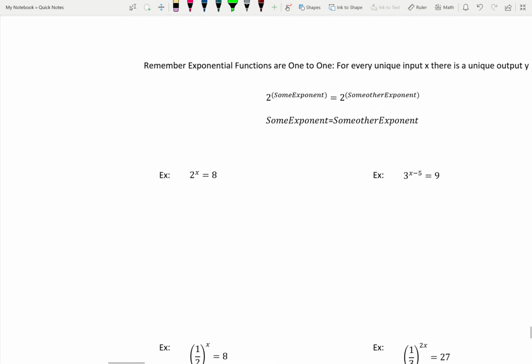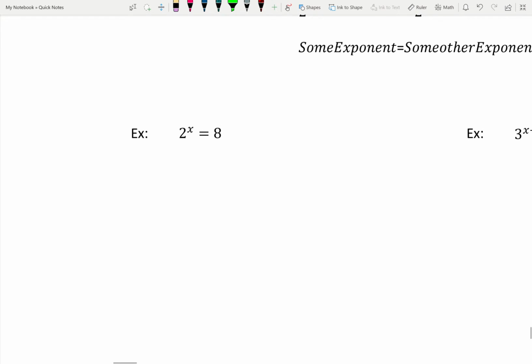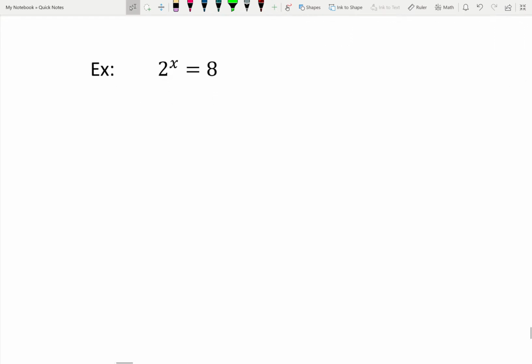So let's look at the first one, which is right here. We have 2 to the x equals 8. How can we figure out what x is equal to? Well, one thing we can do is rewrite 8 in exponential form with a base of 2. I know I can rewrite 8 as 2 raised to the 3rd power, right?